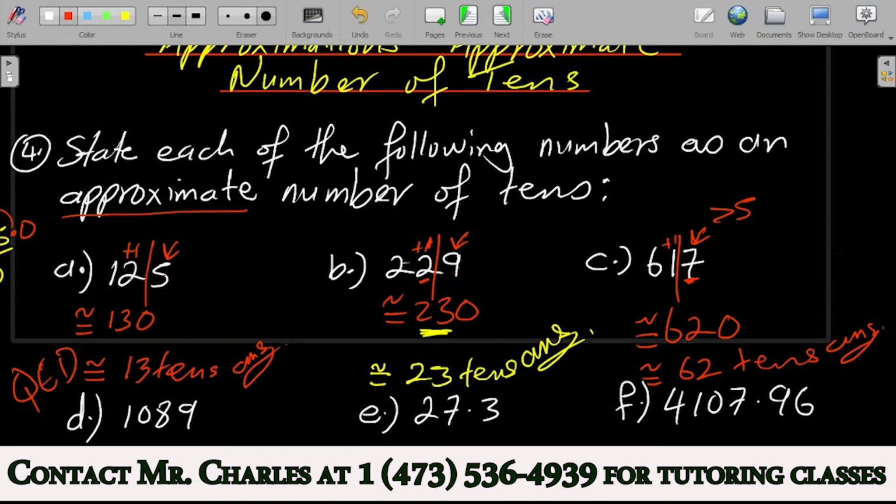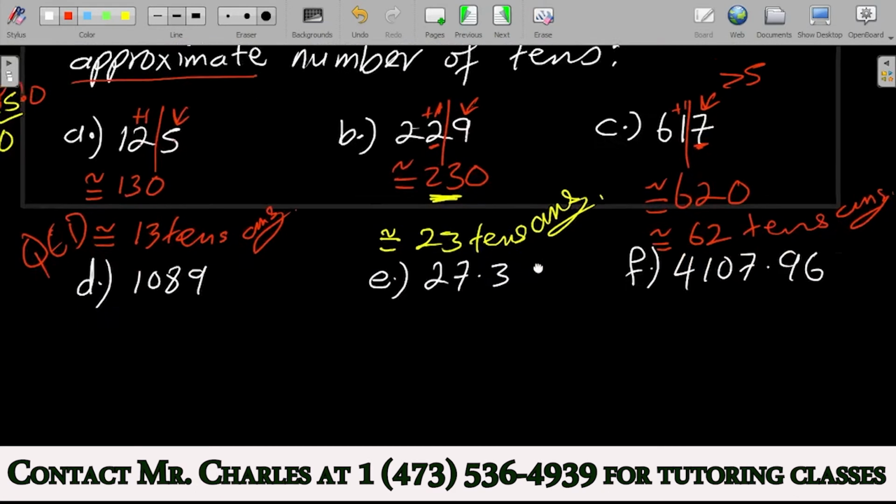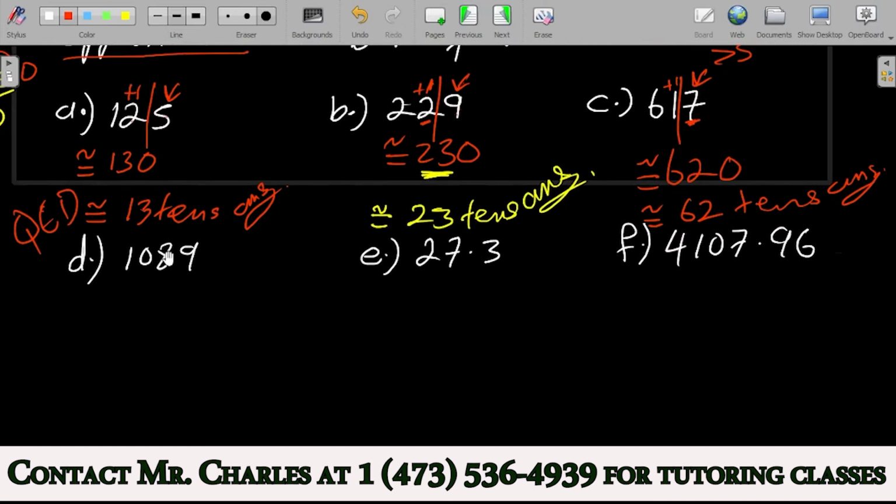Okay, now for 1089, the digit in the tens place is 8, so we have to put our line here, and the 9 is greater than 5, so we have to add 1 to the 8. 108 plus 1 is 109, so we get approximately equal to 109. The 9 here we have to convert to a 0 since it's also part of the whole number.